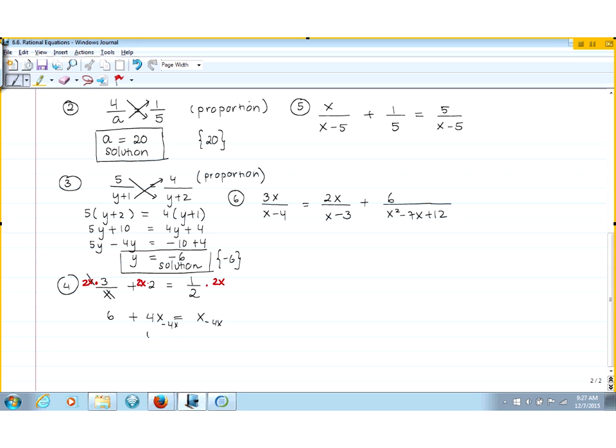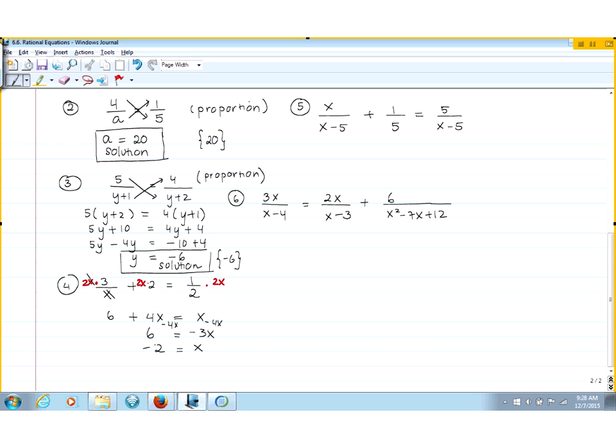Subtract 4x from both sides. So 6 is equal to negative 3x. So what is x equal to? Negative 2. Now, is negative 2 a solution?